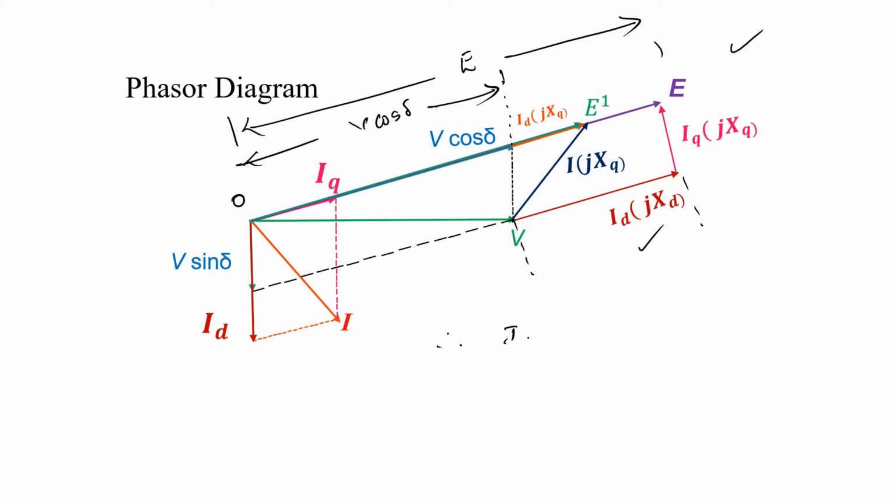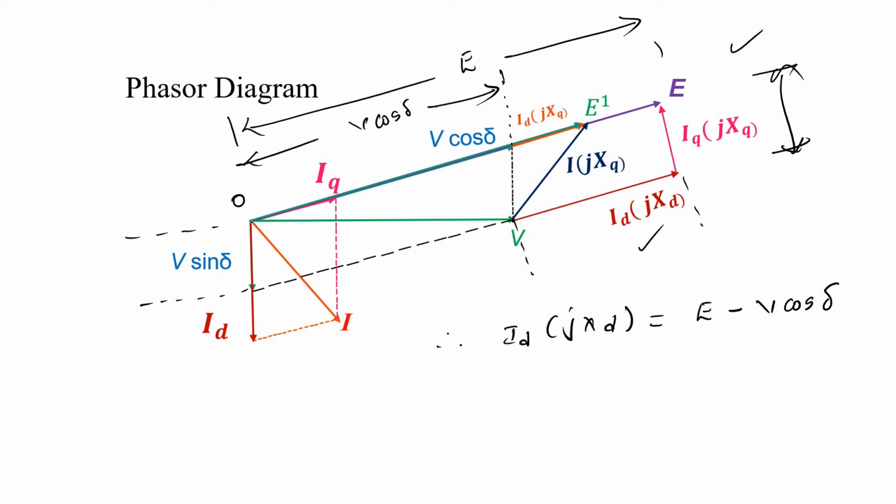So therefore, ID into jXD drop is equal to E minus V cos del. Similarly, the IQ XQ drop, if you look at it, this quantity and up to here, this quantity, both are the same. So IQ XQ is equal to V sin del. That's it. IQ into jXQ drop is equal to V sin del. So from these two equations, you can get the values of ID and IQ.